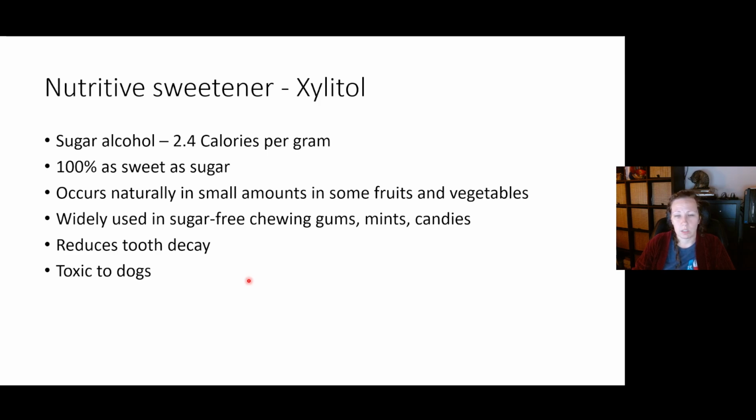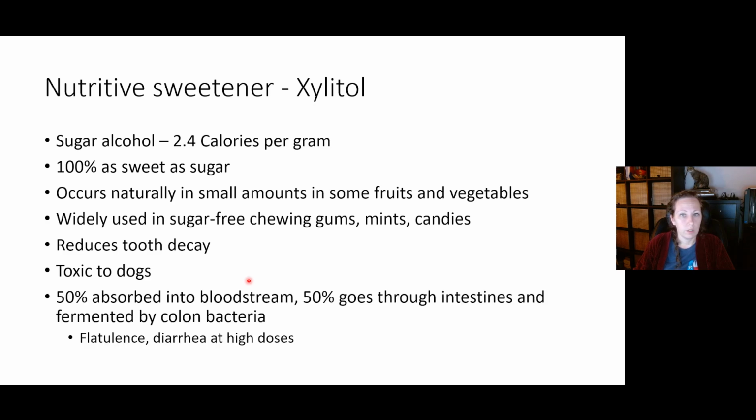It's quite toxic to dogs. Like the mannitol and sorbitol, some of it is absorbed in the bloodstream. The rest of it goes through the intestines and is processed in the colon by those bacteria. And if you consume too much of it, you're going to have some discomfort.